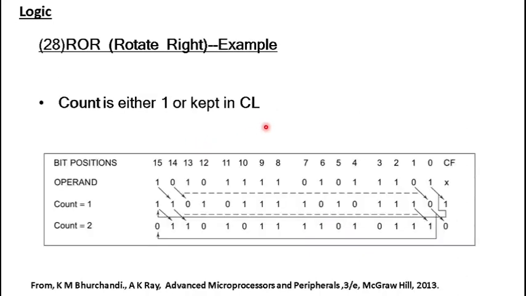What you need to understand is, if you have an operand like this, when you do ROR, that is rotate right, the LSB bit will be shifted out to carry flag, and that exact copy of the shifted out bit will be given back to fill up the vacant space appearing in MSB. So the shifted out bit from the LSB is copied into carry flag as well as to the MSB. That is how the rotation happens here.